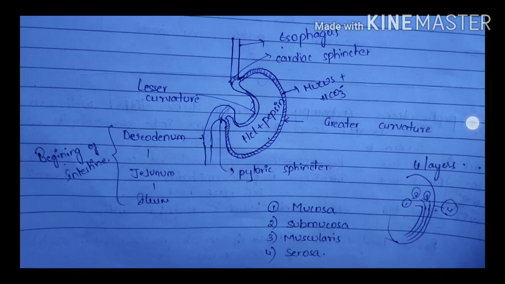If you see here, I zoomed in on this part of the stomach. We can observe that there are 4 layers of the stomach: mucosa, submucosa, muscularis and serosa.